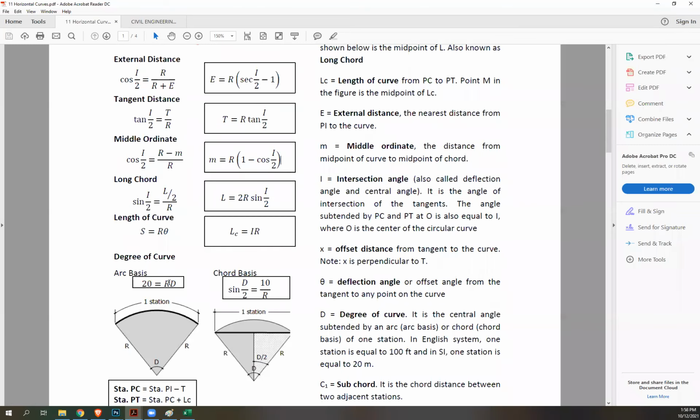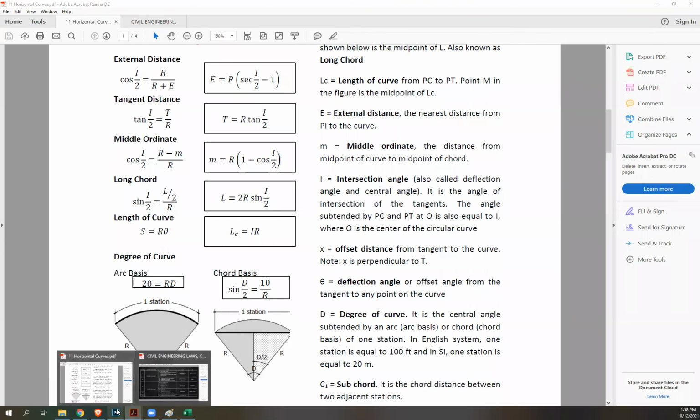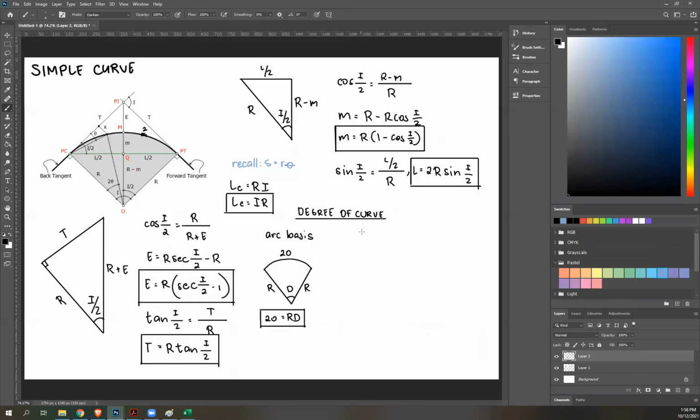Okay, and chord basis, from the name itself, again, instead of the arc being 20, the chord is what's 20.